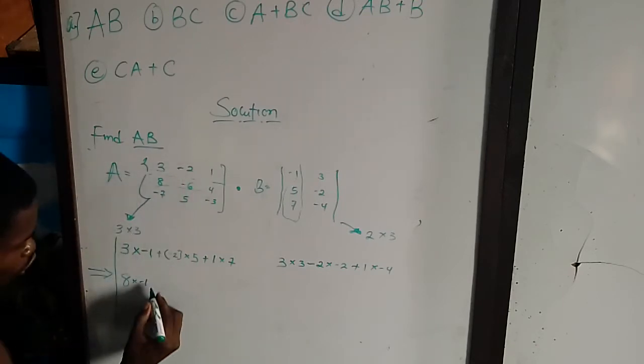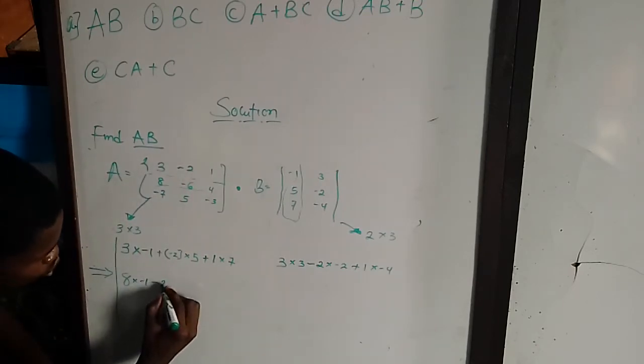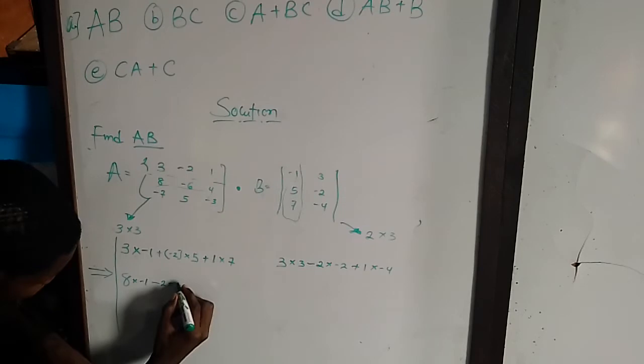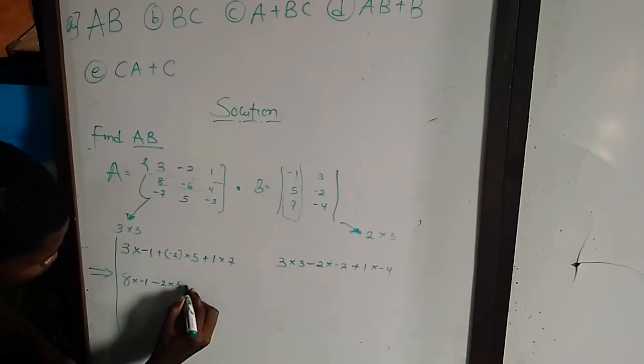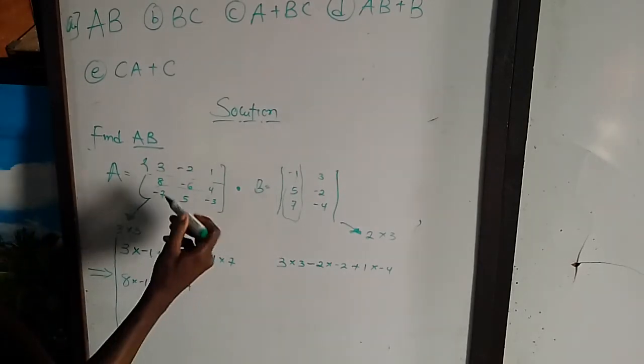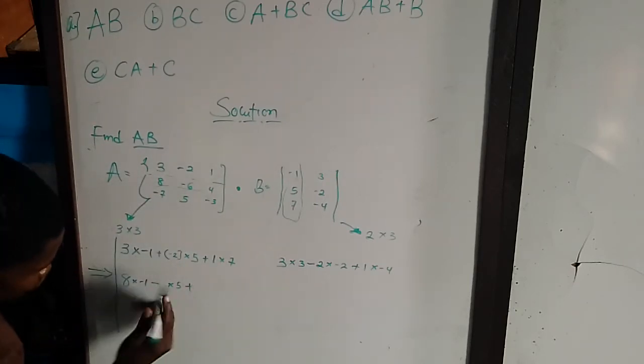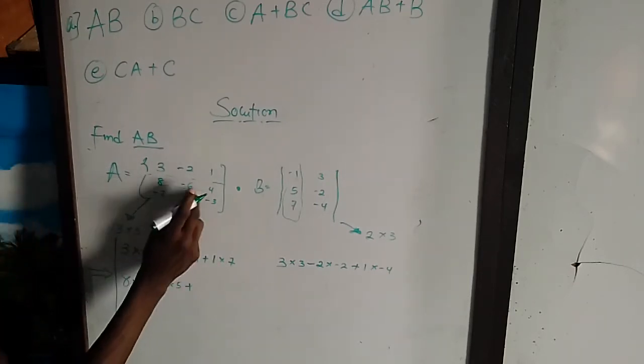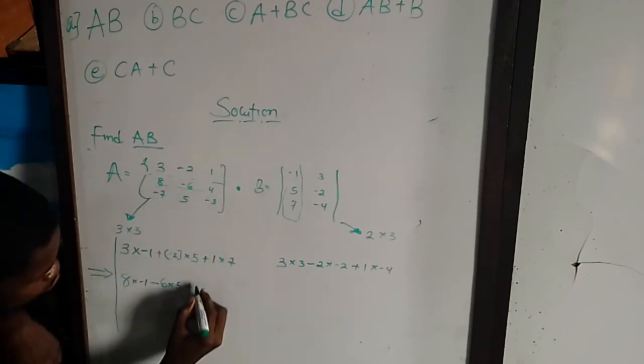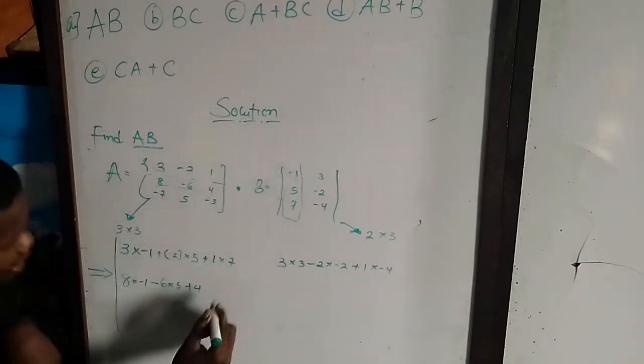Minus times plus will give you minus. You are going to have 2 times 5, plus. Then again, sorry, it's 6 right here. Then again, we are going to have 4 times 7.